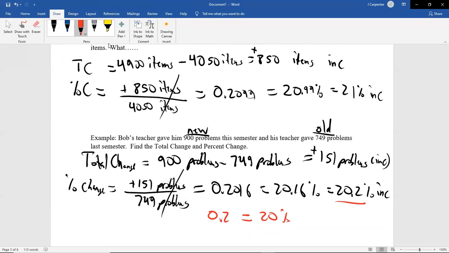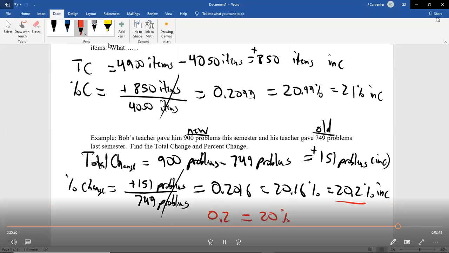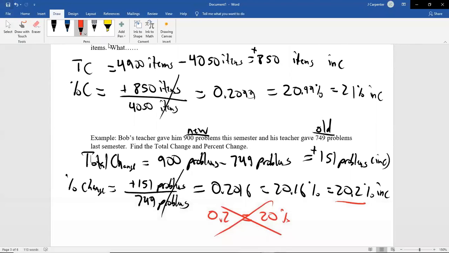So that's one thing to be careful of when you're told to round a percentage. You will need more of the digits as a decimal, and then you'll go to the rounding when you get to your percentage. So again, that would have been wrong because you rounded too soon. Don't round the decimal value, round the percent value. Use 3 or 4 or 5 extra digits than you think you actually need with the decimal value.